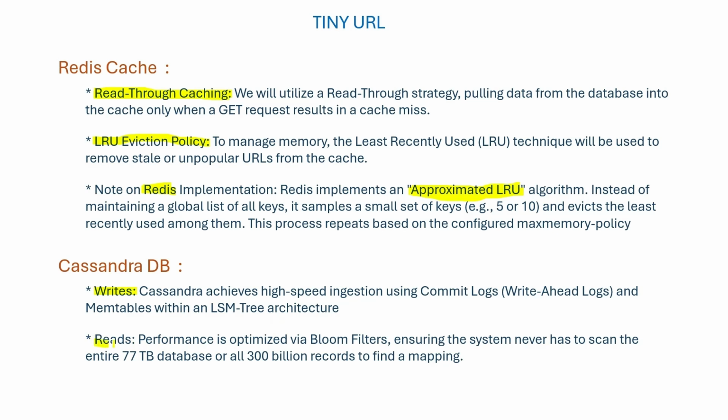Also for the reads in Cassandra DB, instead of general indexing, it will use Bloom filters, by which it does not need to go through the entire 77 TB or 65 TB of database, or go through all 300 billion records to find the actual matching set. Let us discuss more about Cassandra in a different video.